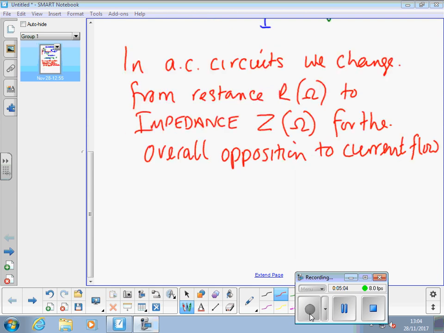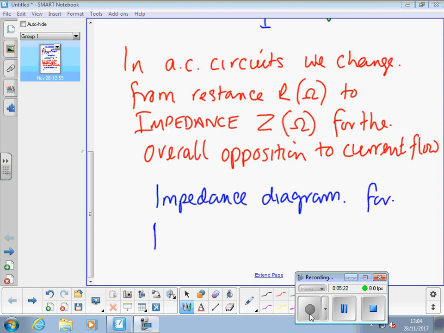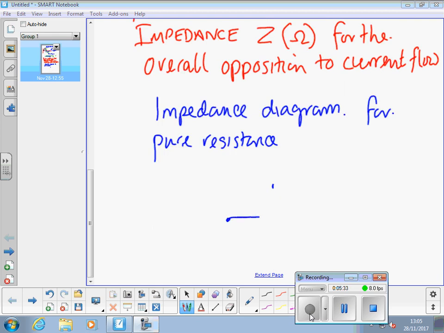Okay? We can then have what we call an impedance diagram for pure resistance that has the resistance R at the 0 degrees portion of the phasor.